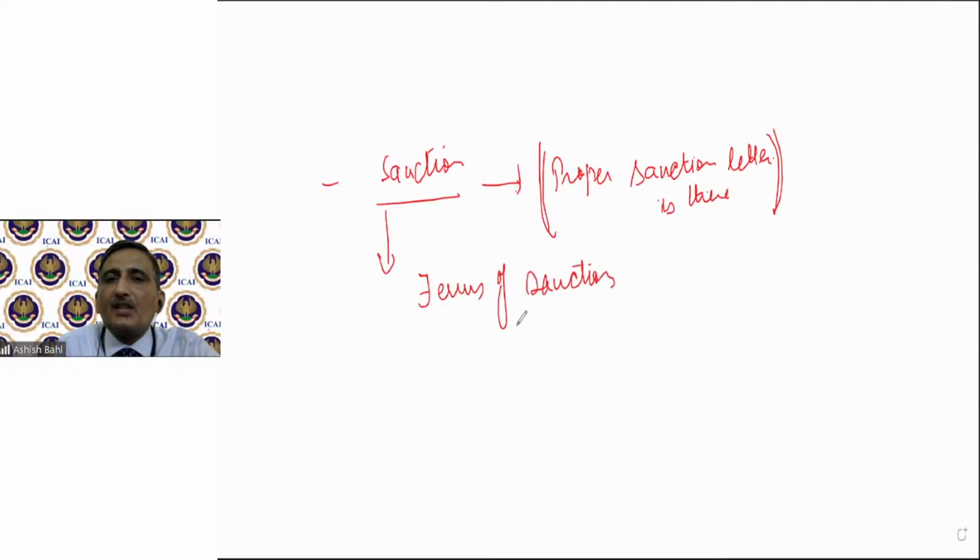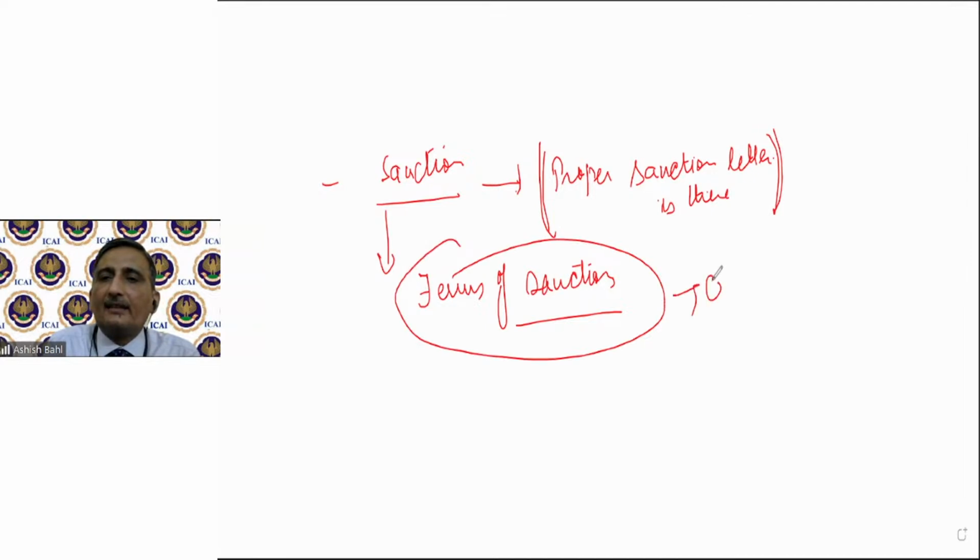Because the sanction letter is the basic document once the loan has been sanctioned. Now disbursement, the release of that loan, has to follow all the terms of sanction, all the conditions stipulated in the sanction.